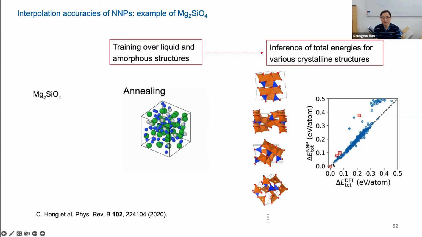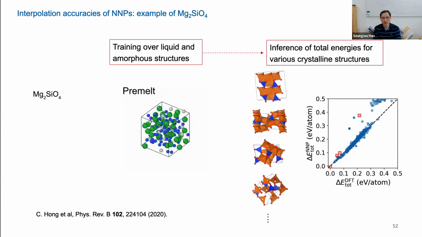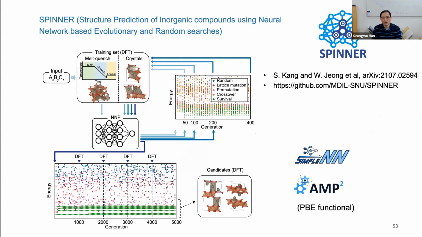That's what we confirmed in the paper: the machine learning potential trained over disordered structures gave energy differences in very close agreement with density functional theory calculations. So they can be used in structure prediction. And then we developed a package for predicting structures using the machine learning potential.